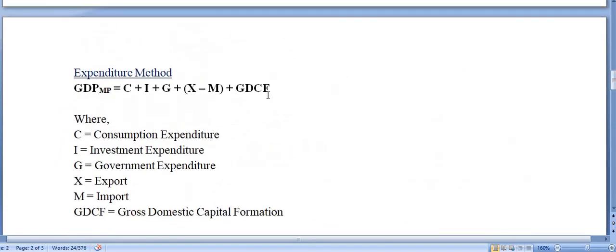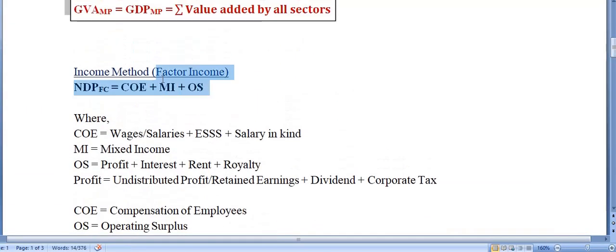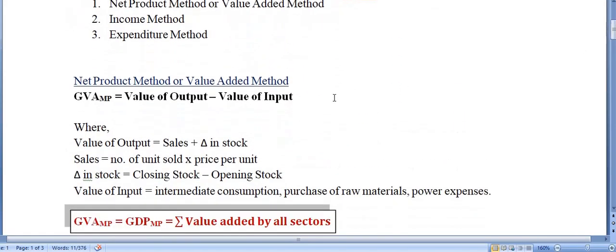Then the formulas from the expenditure method, income method, and ultimately the value added method, and that conversion chart. And sub-formulas are always there.